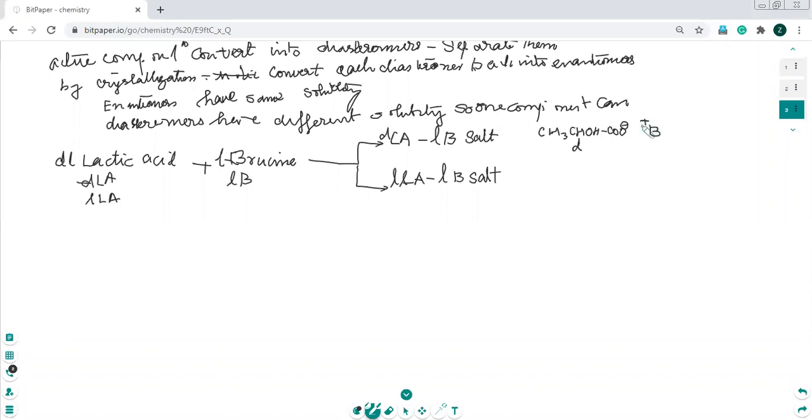Remember, brucine plus. And see, brucine has an L configuration.